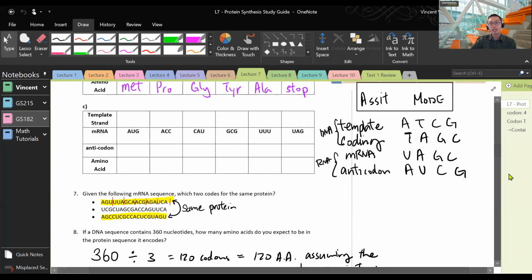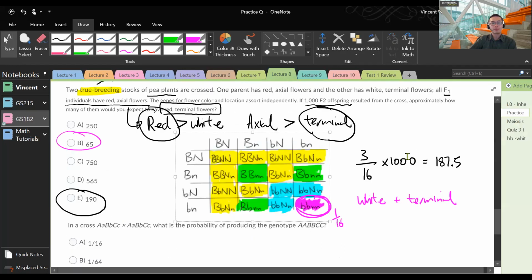I don't know if you were using it. If I give you the template and ask you for the RNA, they're complementary, and the coding strand will be identical, but the U replaces the T. So whenever I tell you to put something on your help sheet, you should take advantage of that. It's going to help you.